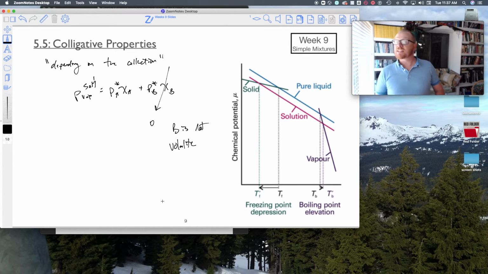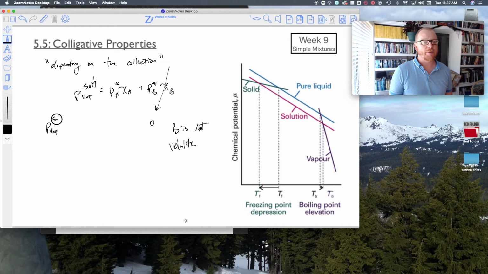non-volatile. So that means B could be an electrolyte, it could be a salt, it could be a sugar, okay? But what ends up happening here, because of this, if B is non-volatile, then P-vap solution will always be less than the pure vapor pressure.